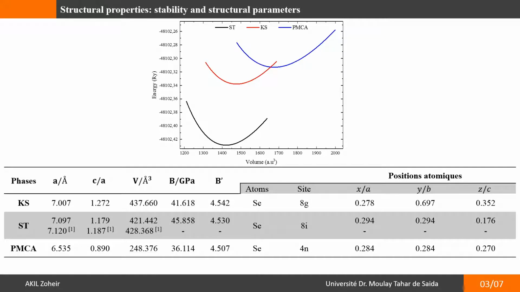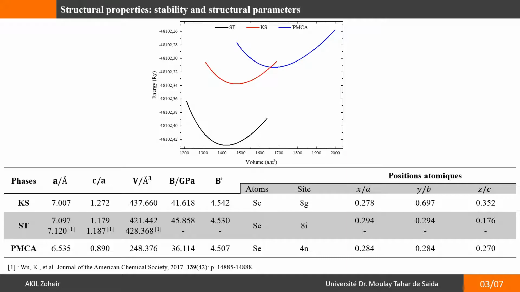The following table summarizes the ground state parameters such as atomic coordinates, lattice constant, bulk modulus, and pressure derivative of bulk modulus. As can be seen, the results obtained for the stannite structure agree with the available experimental data. For the other structures, kesterite and PMCA, we have no data for comparison.